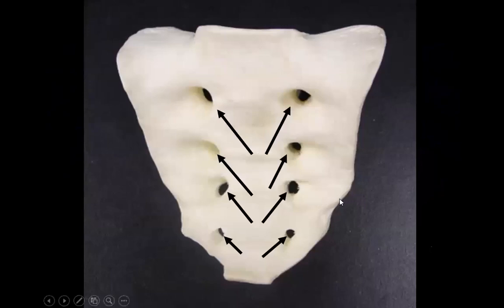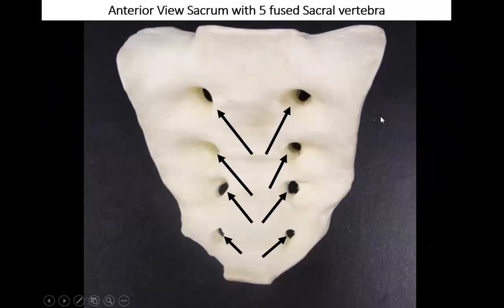Okay. Now, those same intervertebral foramen, those openings for the spinal nerves show up, like I showed you, here in the sacrum. And 5 fused vertebrae form the sacrum, but each one of these openings is an intervertebral foramen.